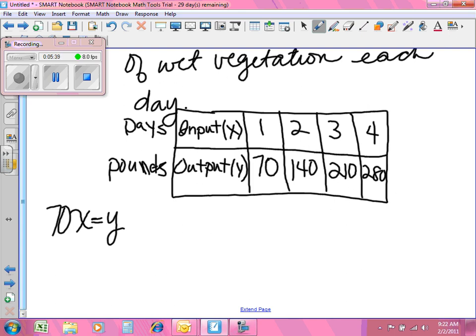McKenna. Very good. 70 times 7 equals 490 pounds. So in 7 days, that manatee would eat 490 pounds. That was numbers 9, 10, and 11. You all got that, right?